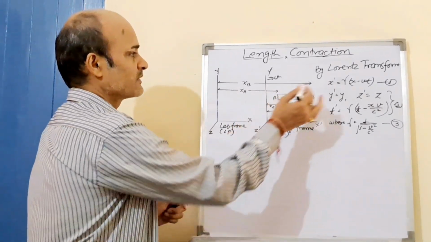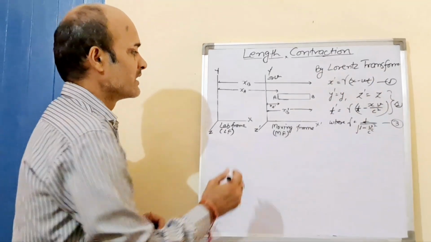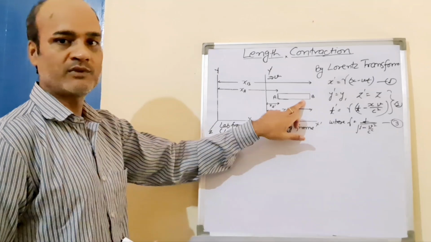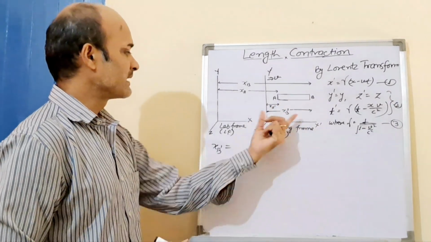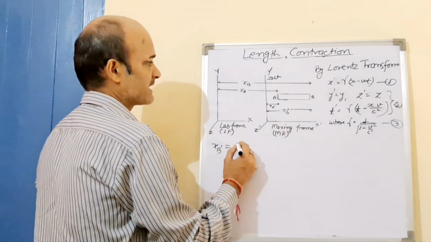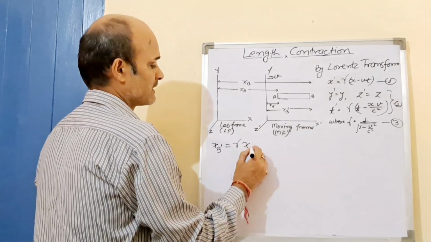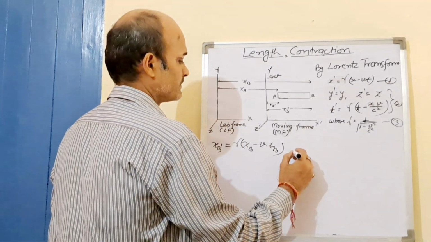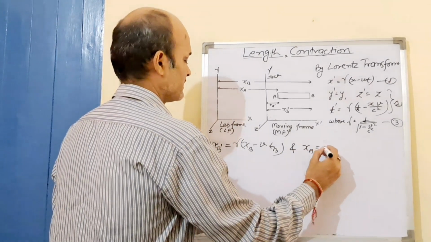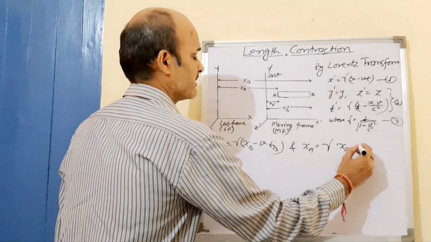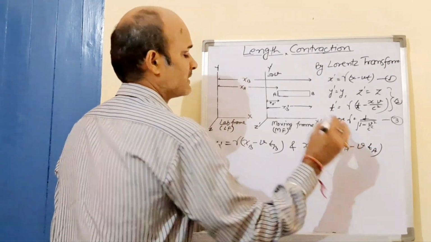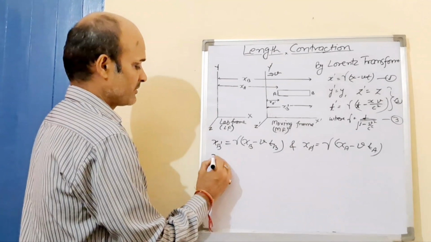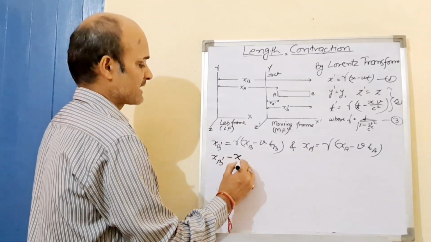So from the Lorentz transformation equation 1, we have the coordinates of an object in the moving frame: xb dash is equal to gamma (xb minus v tb), and xa dash will be gamma (xa minus v ta). So the length of an object will be xb dash minus xa dash.